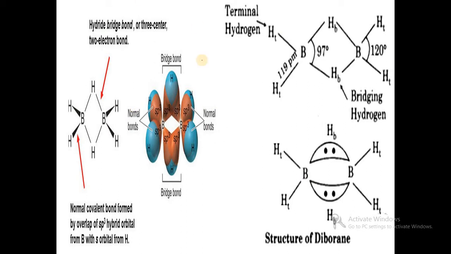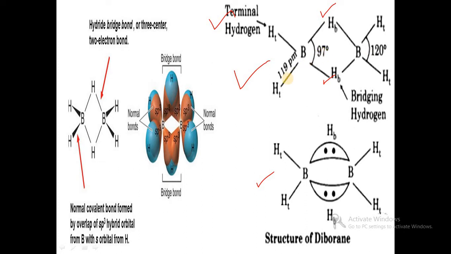In the structure of diboron, the structure is like a banana-like structure. In this structure there is a bond angle of the terminal. There are 2 terminal hydrogens on each boron, 4 terminal hydrogens in all, and 2 bridging hydrogens. Bond angle is 120 degrees, here 97 degrees.